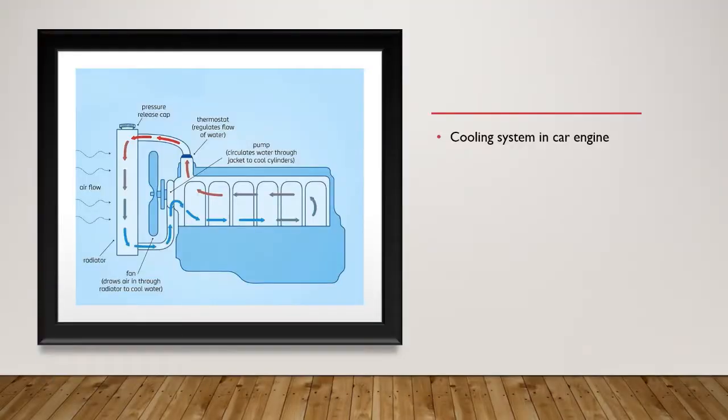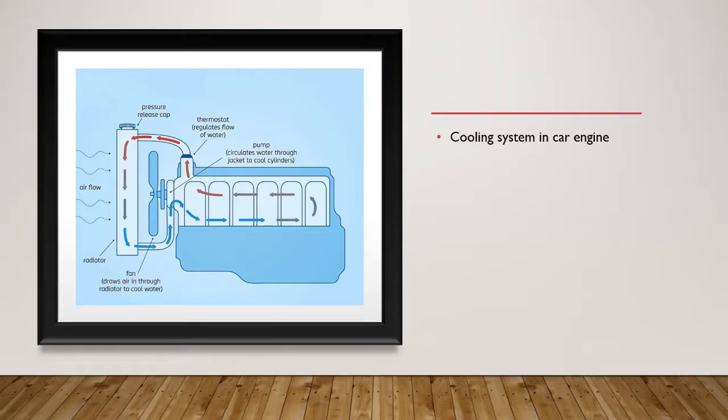This is a radiator system of a car. The combustion of fuel in a car engine produces a large amount of heat. This heat has to be released to prevent overheating of the engine. Okey, pembakaran minyak di dalam kereta akan menghasilkan haba yang banyak.